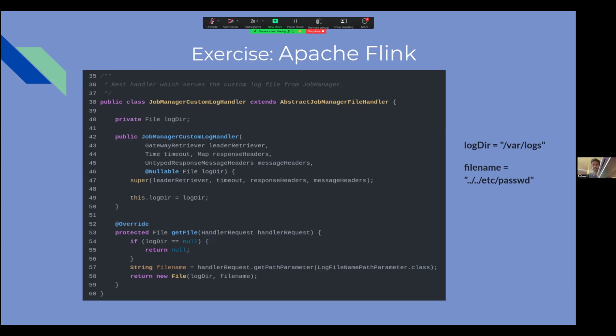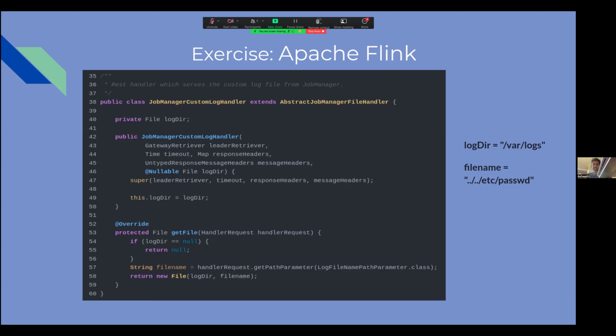What's happening at line number 52 is that we are trying to override the get file function. There is a string called file name being created, and from that file name, we're creating a new file. This is the overall overview of what's happening.